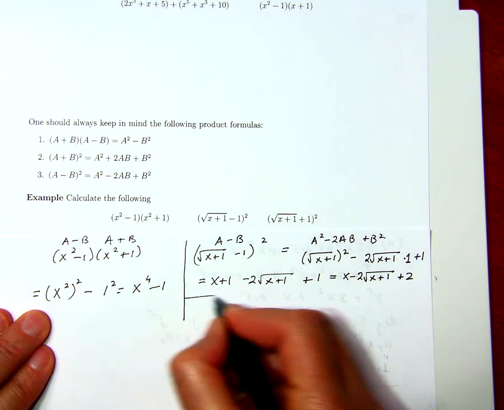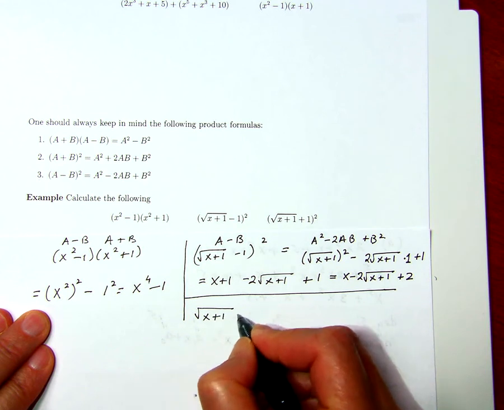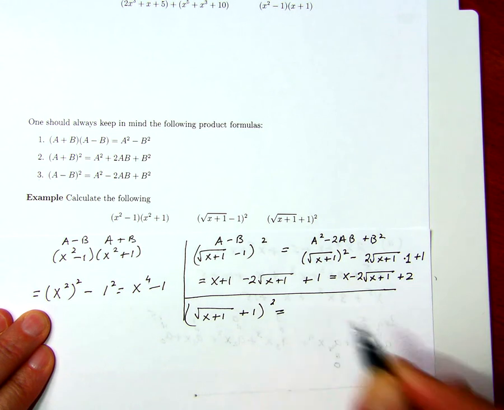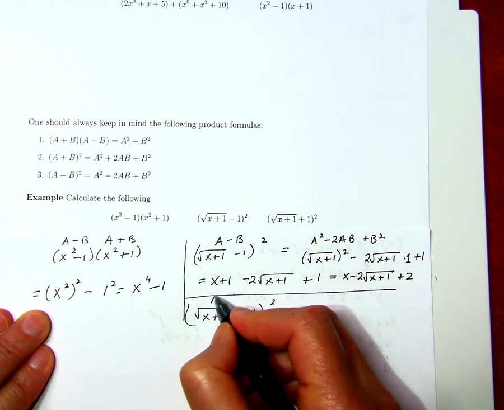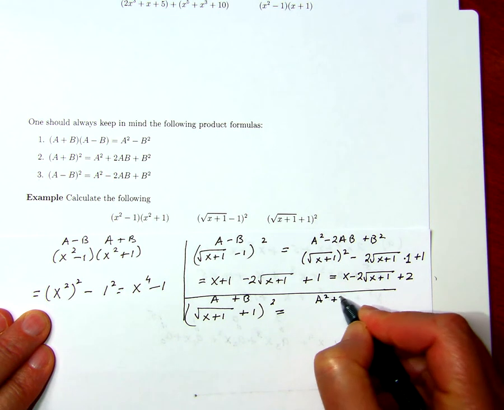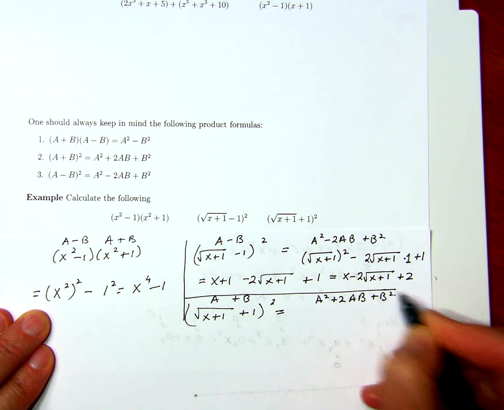Let's try the last one. We want the square root of x plus 1, plus 1, squared. This is a plus b squared, so it should equal a squared plus 2ab plus b squared.